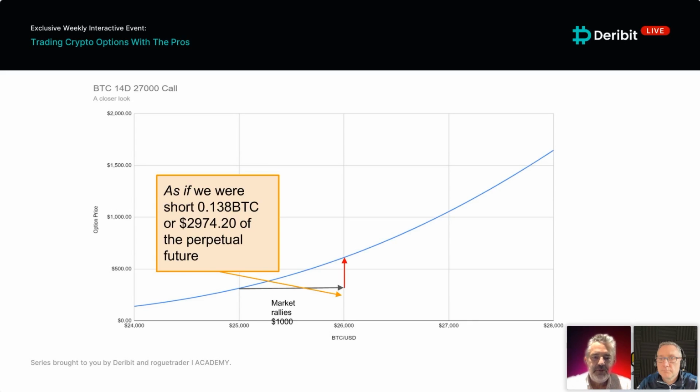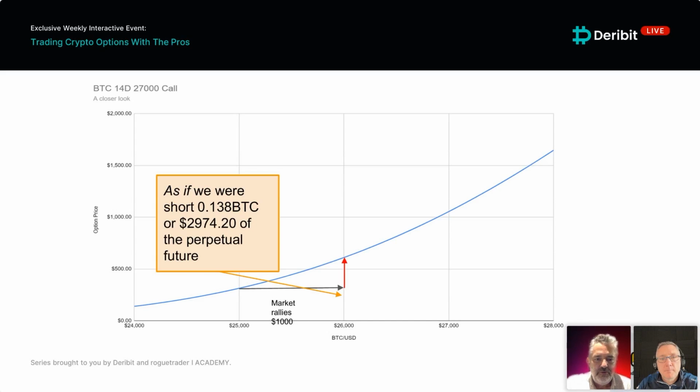I want you to imagine what happens to the price of our 27,000 call as the underlying market moves from $25,000 to $26,000. The black line follows the market move, and the red line is the increase in price of our option, i.e., the increase in our pain.